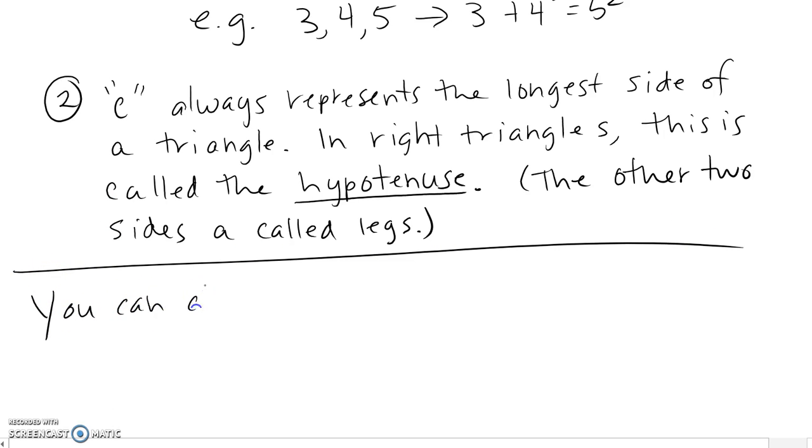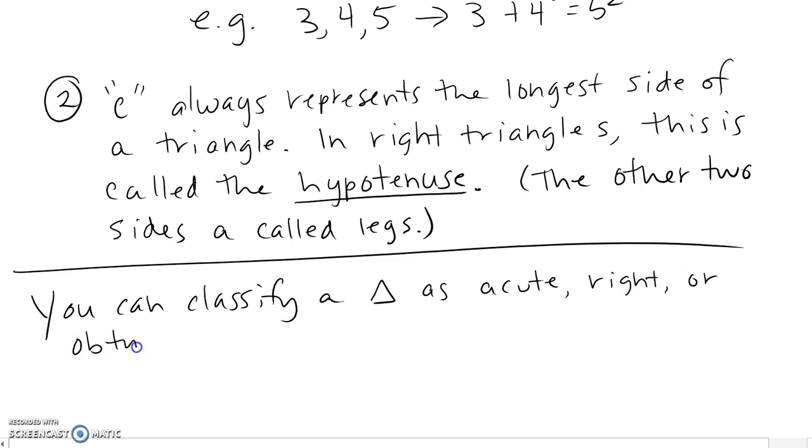You can classify a triangle as acute, right, or obtuse if you know all 3 side lengths.